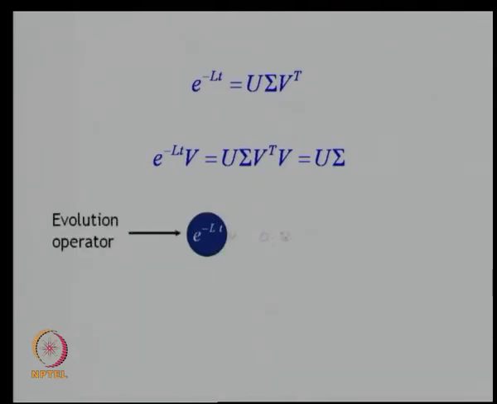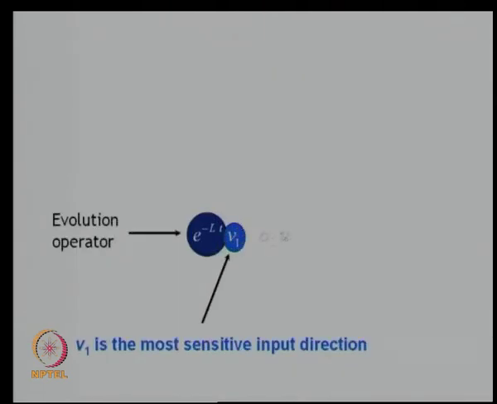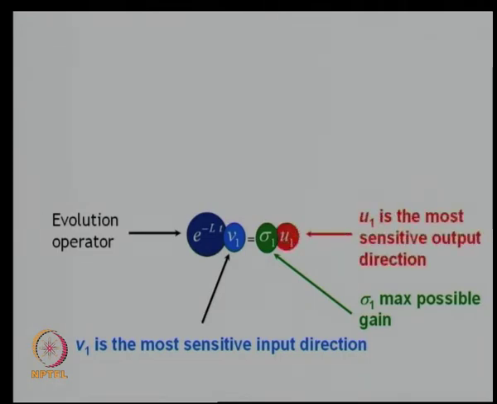So if you take the evolution operator and it acts on V1, which is one of the columns of the singular vectors, so e power LT, when it acts on the most sensitive input direction, will give sigma 1, the maximum possible gain, and the direction will be U1, the most sensitive output direction. So this would be the interpretation where sigma 1 is the principal singular value.